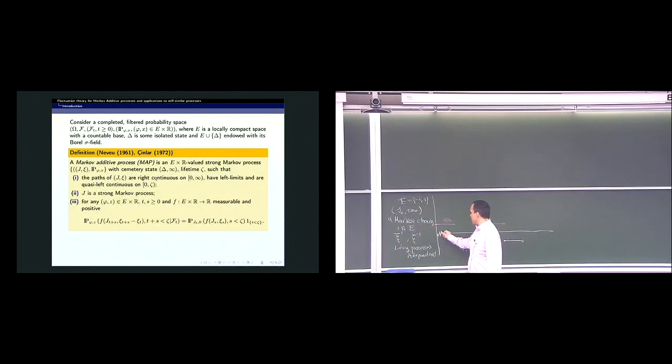Imagine it's a Brownian motion. Then there is an exponential time, at which I add a jump, and I use another process. Imagine you have now a stable subordinator, for instance.